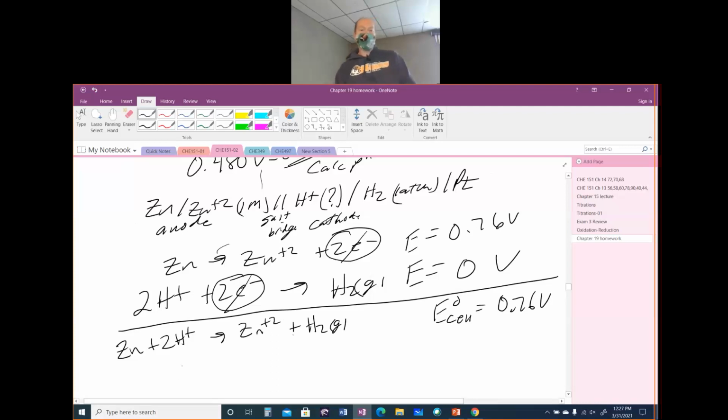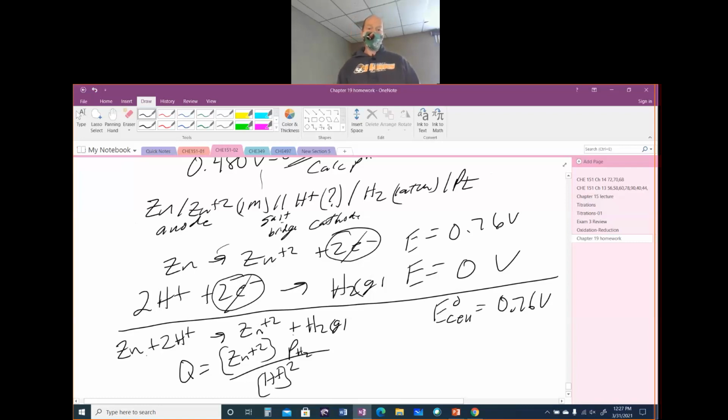And so your Q is the same setup as your K. It is products, zinc 2+ concentration, pressure of hydrogen gas, divided by H plus concentration raised to its coefficient of 2, H plus squared.